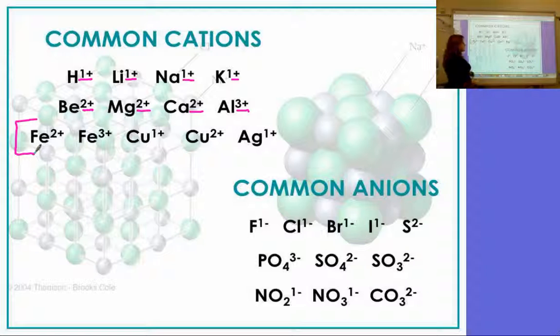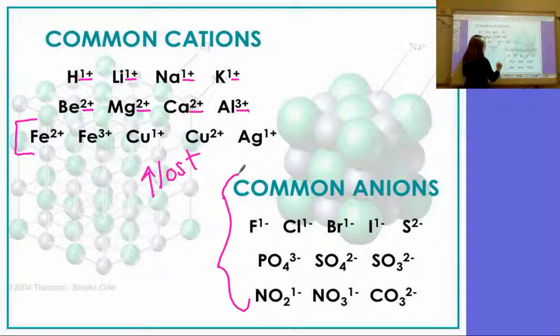Common anions. Anions have a negative charge. Cations lost electrons. Anions gain electrons. Things that like to gain electrons are found on the right side of the periodic table. Any of your halogens like to gain 1 electron.